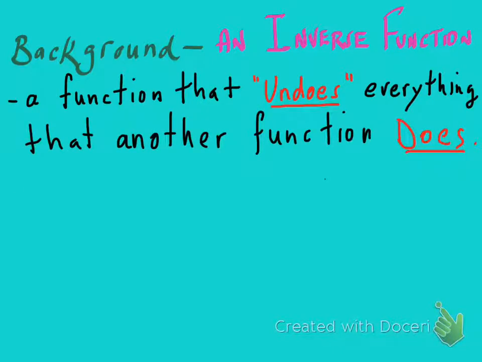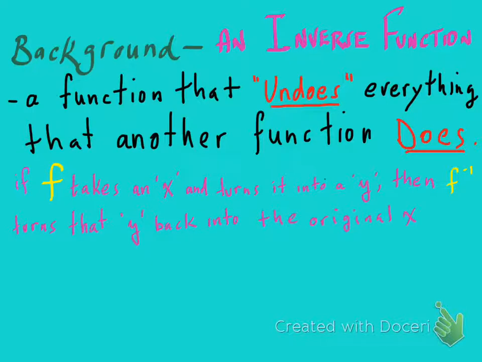In other words, let's call a function f. If f takes an x value and turns it into a y value, then the inverse of f, which we write as f negative 1, takes that y value and turns it back into the original x. Okay? That's what I mean by undoing another function. So we'll have a couple more examples of that a little bit later here.